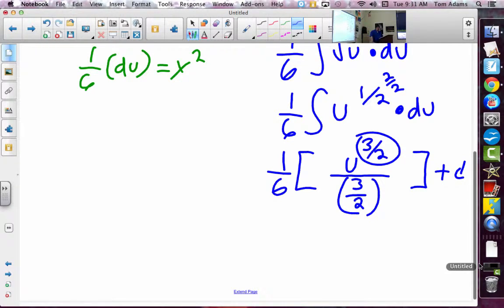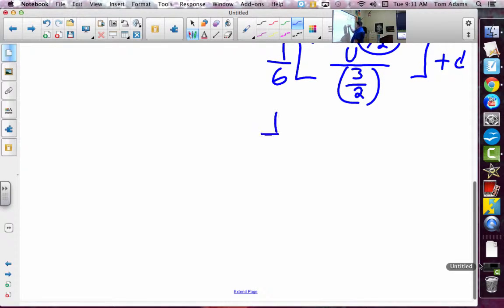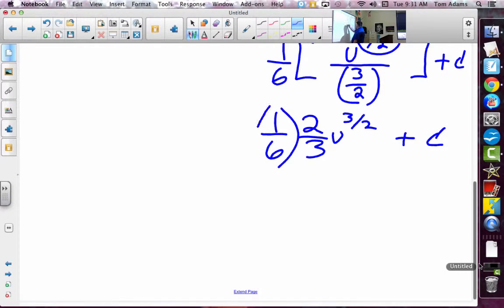But when you divide by a fraction, what do you really do? Multiply by the reciprocal. So what this really becomes is 1/6 times 2/3 u to the 3/2 plus c. That's the antiderivative.